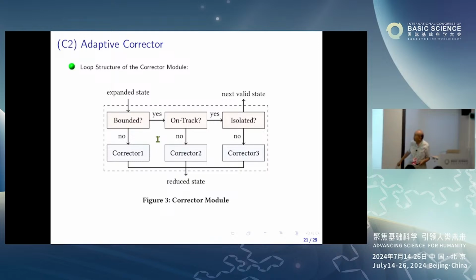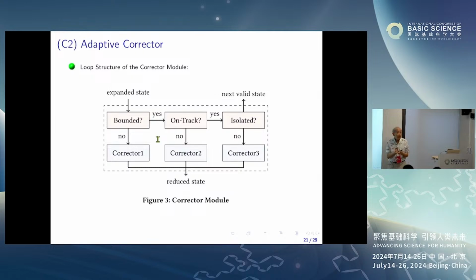Okay, thank you. And it turns out that you need to check several things. For instance, the first thing you ought to check is bounded. This is that you're in a good homotopy, that condition within the frustum. And if it's not, you have to go to corrector number 1, and you go out again. You have to reduce your state. But if it's yes, you go on to on-track.